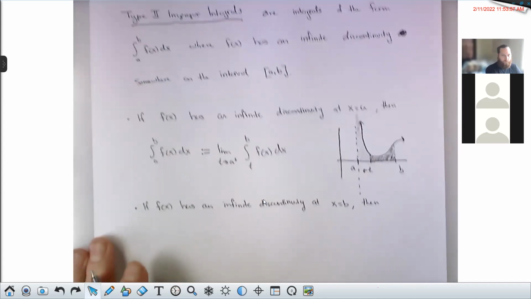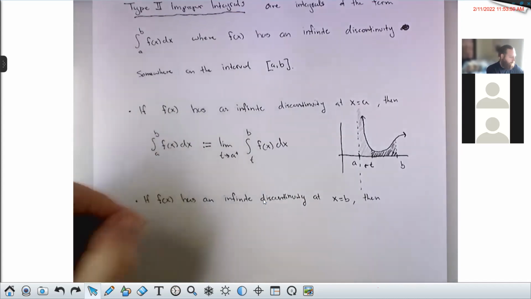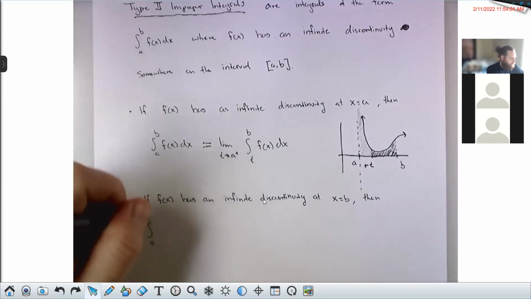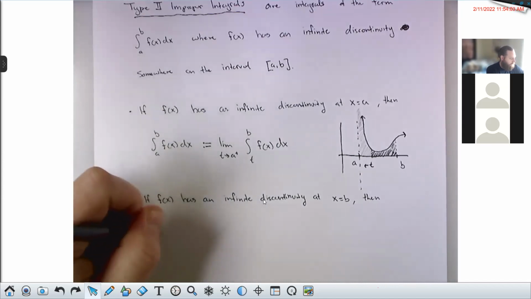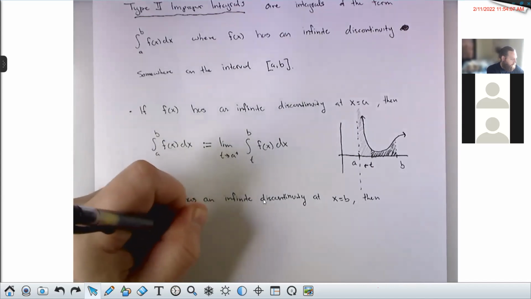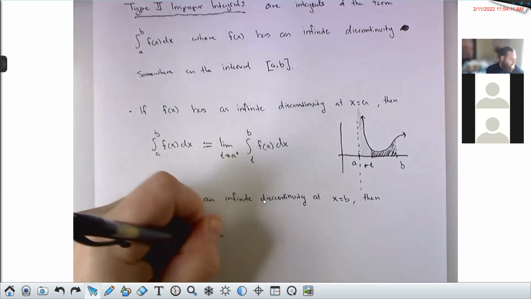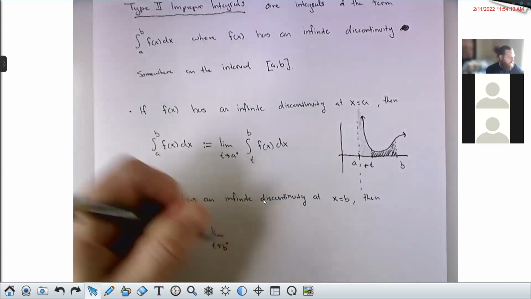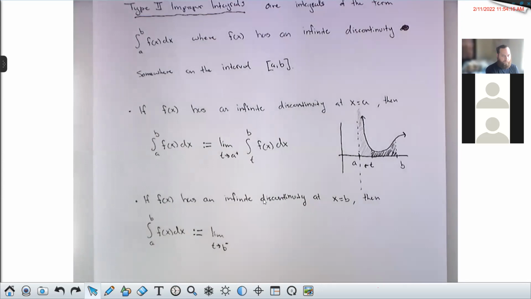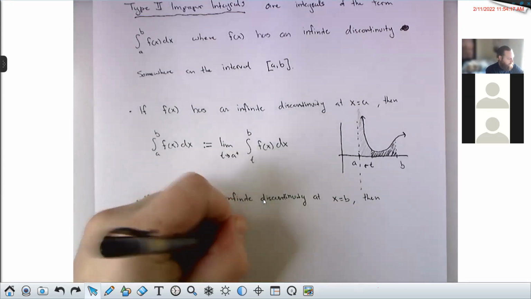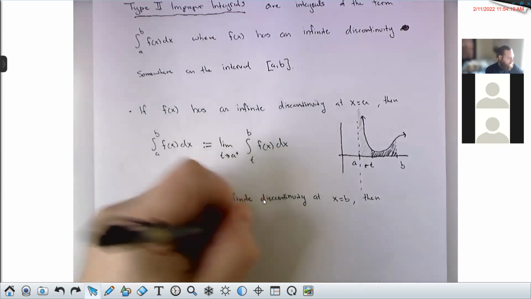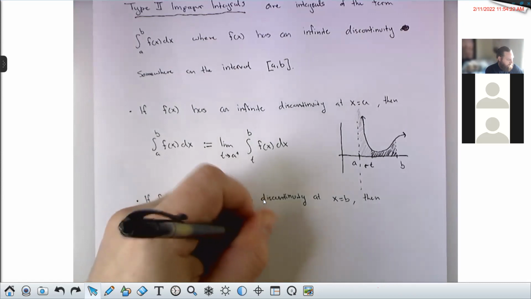And in that case, we do the same thing, just we're going to replace the upper bound by our variable t. So this guy would be defined to be equal to the limit as t approaches b. This time we're going to come in from the left. Integral a to t f of x dx.